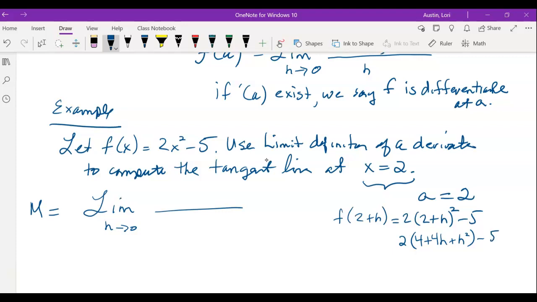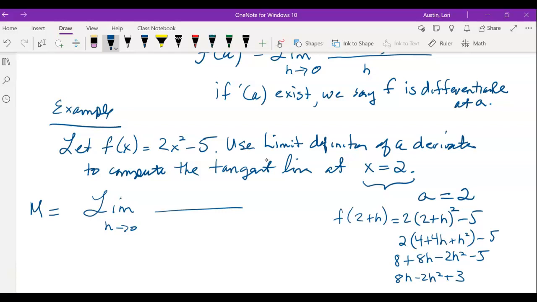I'm going to continue cleaning it up because I just don't like to do it in the problem itself because it gets really messy. All right, so what's that? That's 8 plus 8h plus 2h squared minus 5. So what do we get here? 8h plus 2h squared. 8 minus 5, 3. Right? Does that look good?